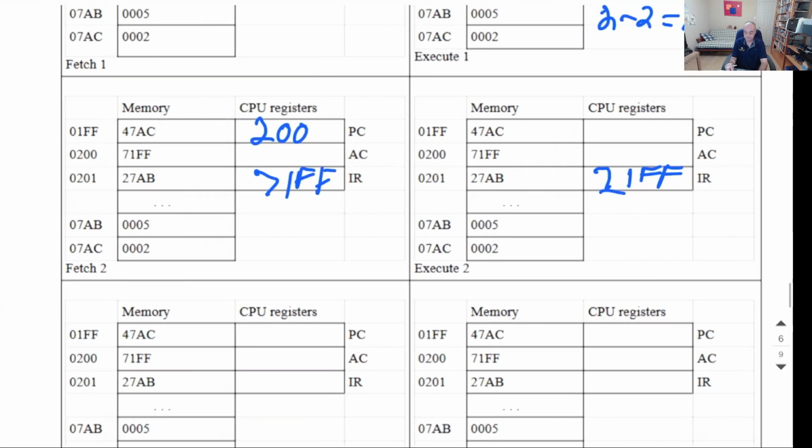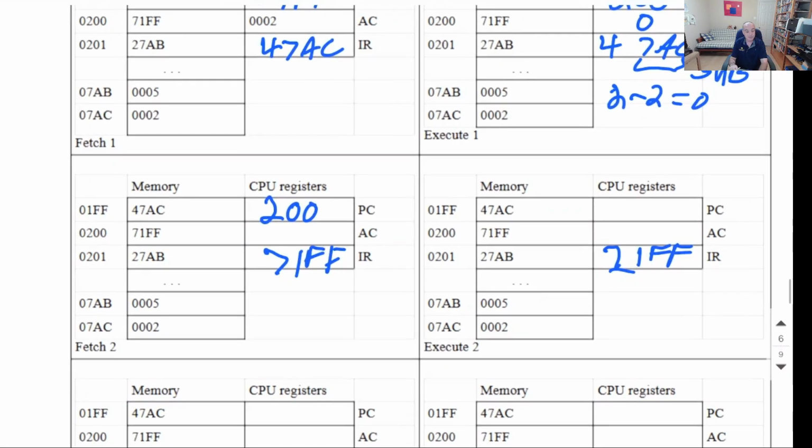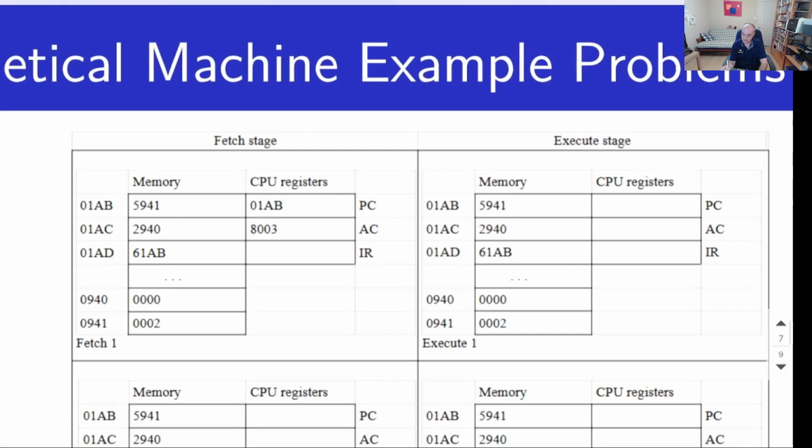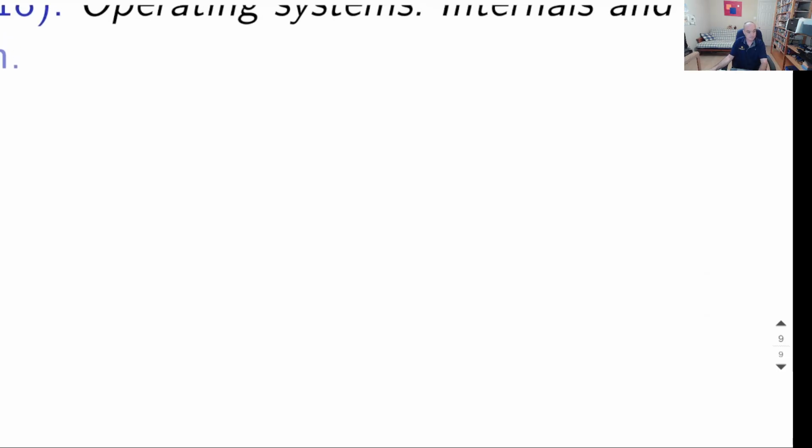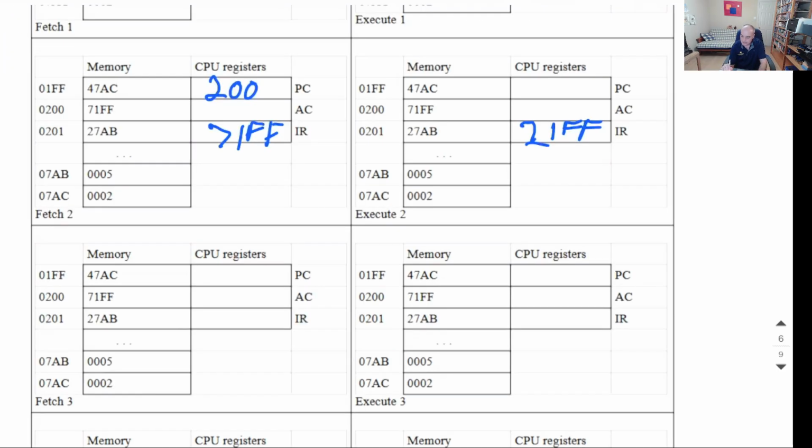Okay. So we're working on a jump 0 here. All right. Jump 0. All right. So in this case, what happens on a flow of control instruction?